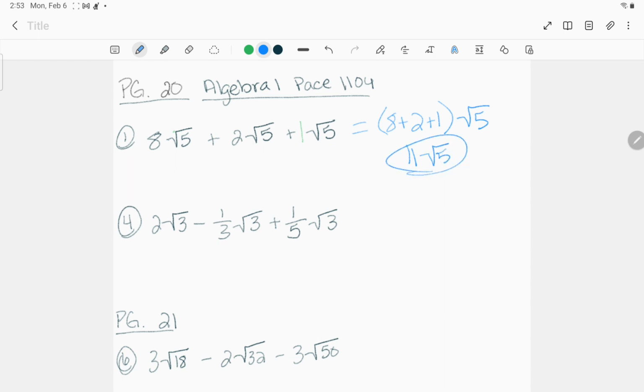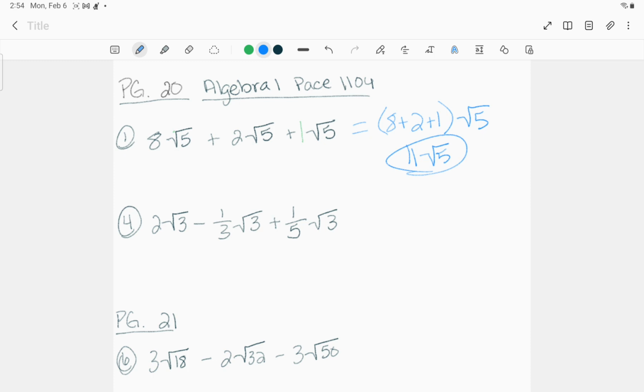And that is your final answer on number 1. Okay, so I skipped number 2. Again, all you have to do is find your common factor between 1 over 2, 1 over 3, and 1 over 6. And then you add those together, and then you just put that square root of 2 at the end. As long as everything is the same, you can add them together.